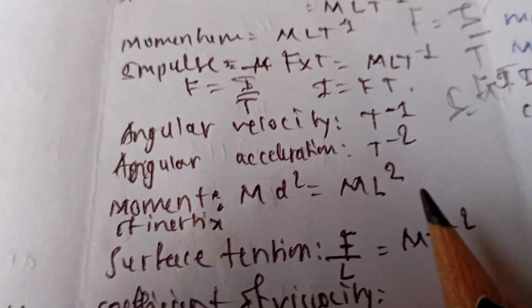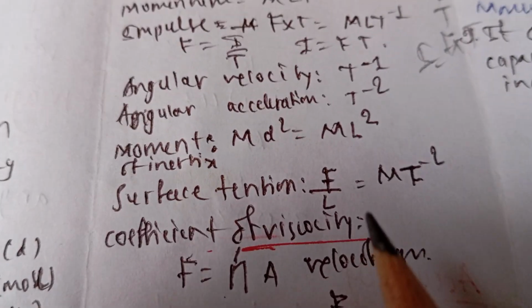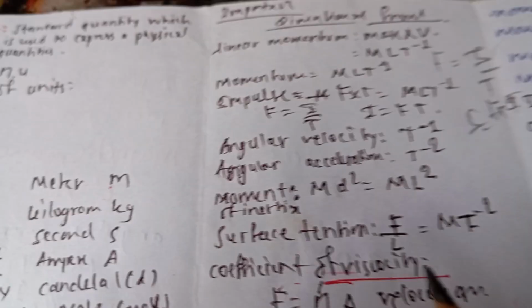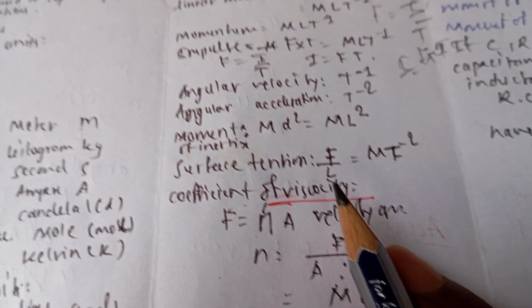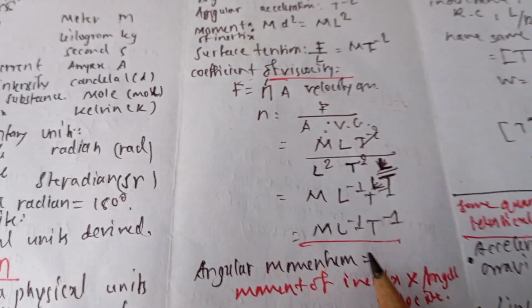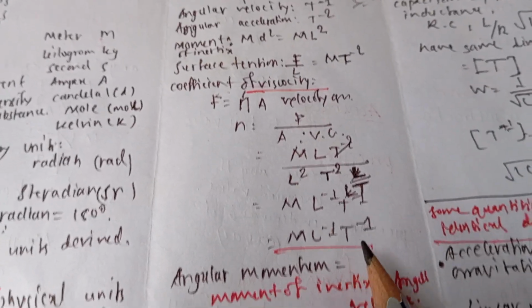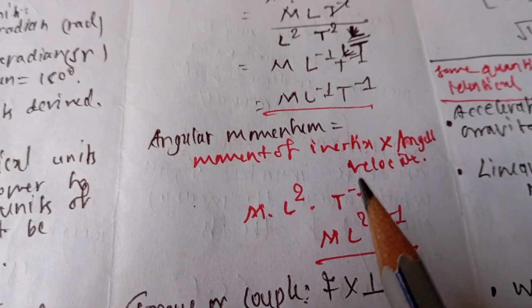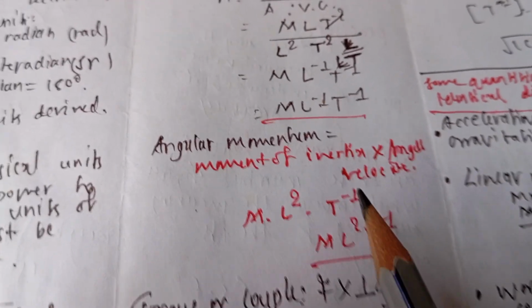LT to the minus 1; average acceleration, LT to the minus 2; moment of force, force into length; coefficient of viscosity, F by A into velocity gradient, and at last you will get ML to the minus 1 T to the minus 1, which is a really askable question. So you must have this for the competitive exam.